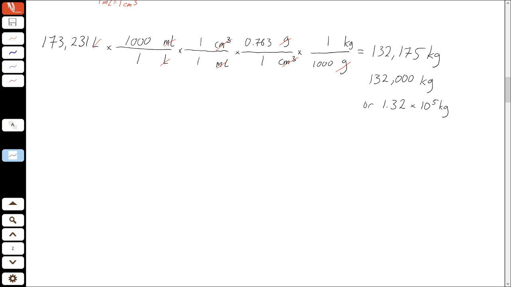So another question then, going back to our conversions, the number we started with, the 173,231, has 6 significant figures, right? And then the density has 3 significant figures. What about those 1,000s? Why didn't that come into significant figures here?